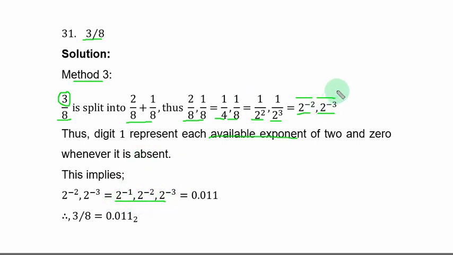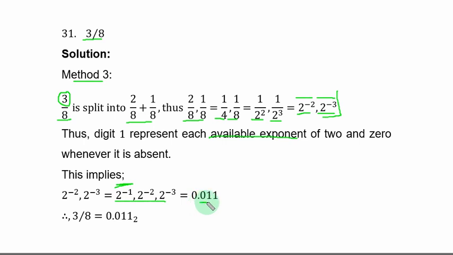But if you look at what we have here, power of minus 1 is not there. So where it is not available, you put digit 0 to represent 2 to the power of minus 1. In our result, 2 to the power of minus 2 is there.